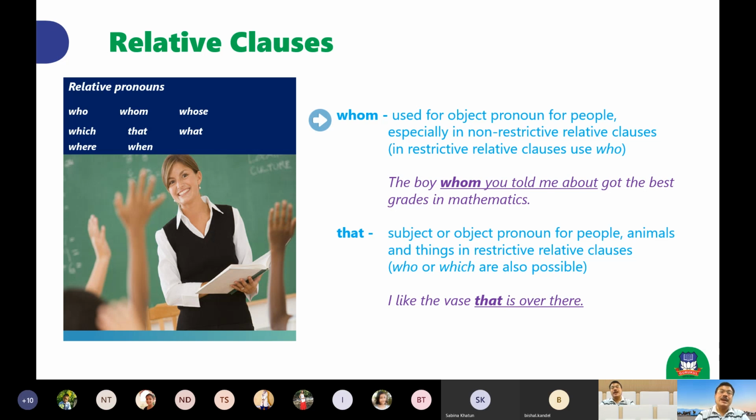So I like the vase that is over there. A vase, a flower vase, where we keep flowers for decoration. Here vase is the object, so which is over there, this way also it can be used. And that is the preferable one.